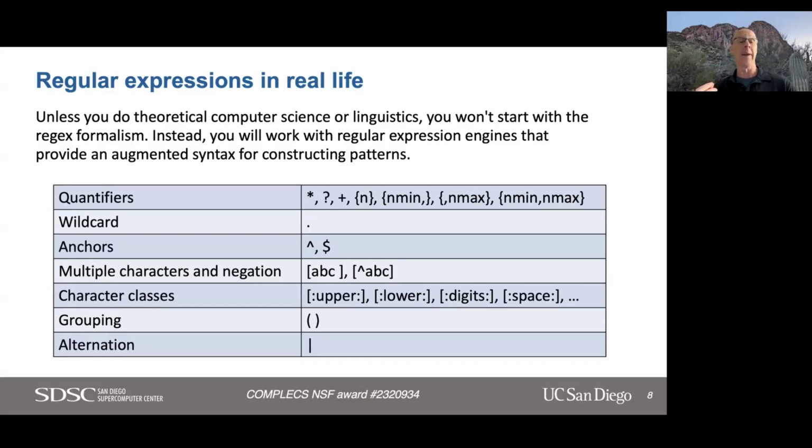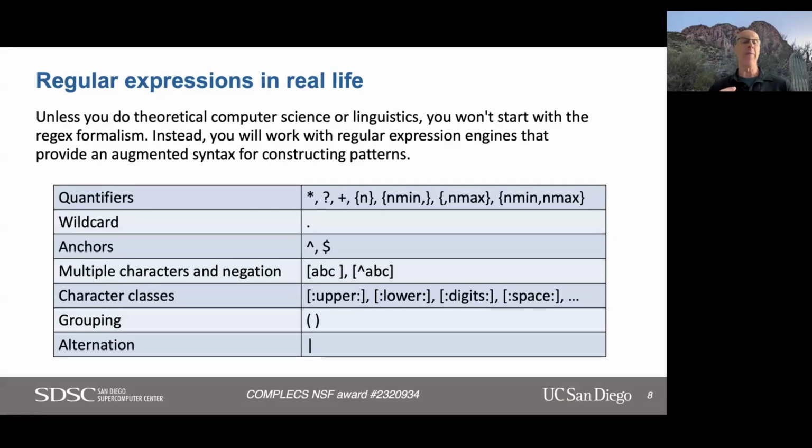We're going to be spending a lot of time looking at quantifiers. We have the star, the question mark, the plus, and then what we call these curly brace notations with either 1 or 2 arguments. We have a wildcard, which is denoted by a period. We have anchors, caret and dollar sign.